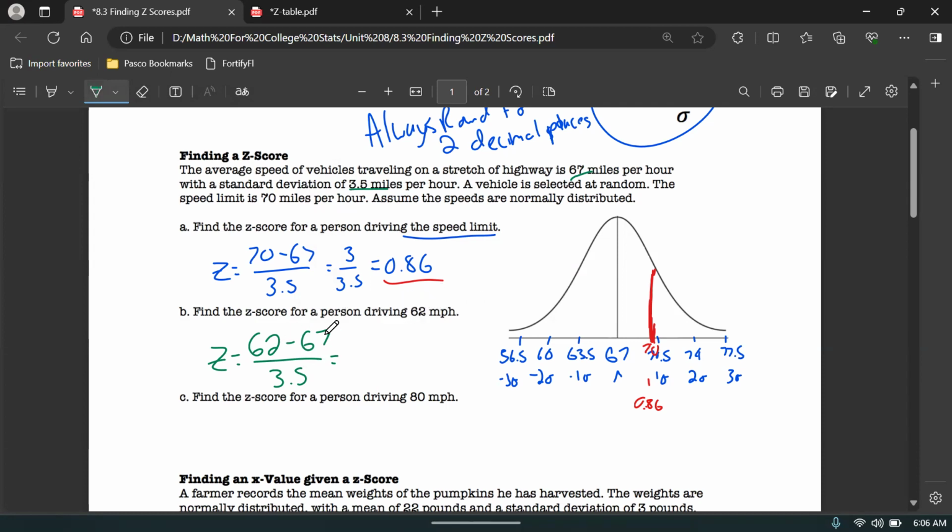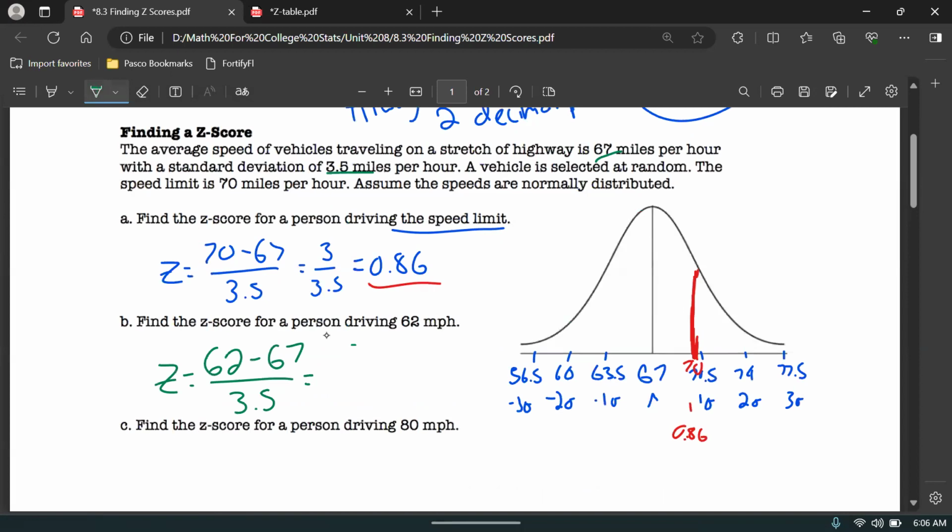So 62. This is going to be negative 5 over 3.5, which comes out to negative 1.43. So 62 miles an hour is somewhere about here. That's where 62 is.